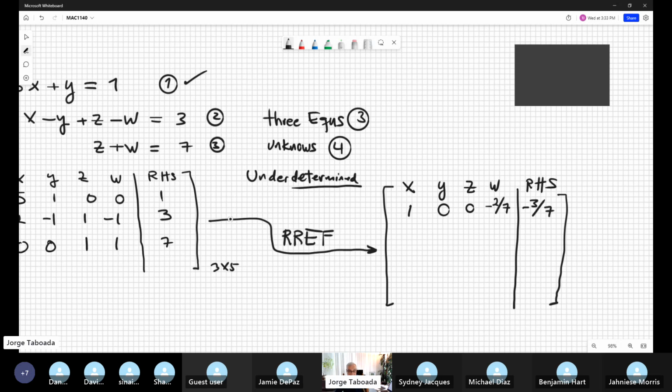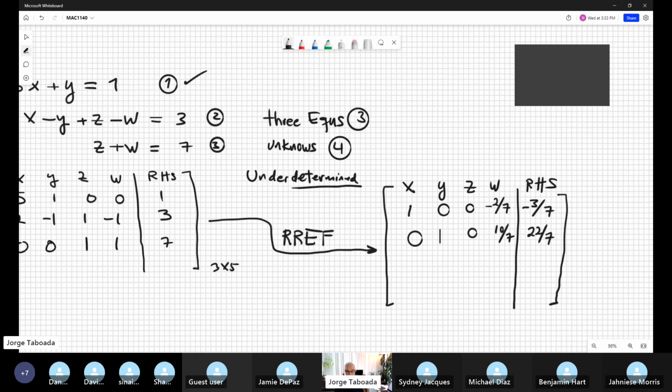This is my first equation after applying the Gauss-Jordan procedure, expressed in reduced row echelon form. The second is 0, 1, 0, 10 over 7, fractions, and 22 over 7.